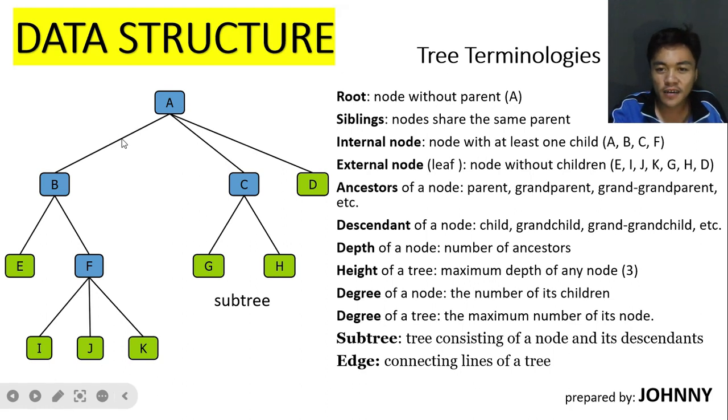The child of A is B, the grandchild of A is F, and the great-grandchild of A is I, J, and K.